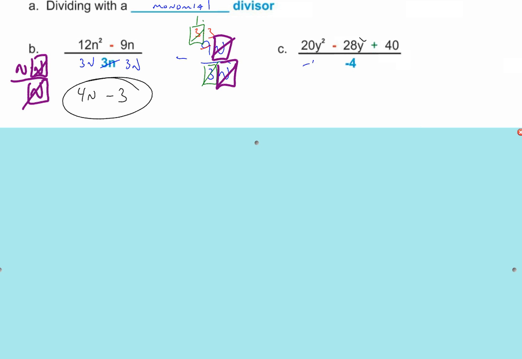Hopefully you'd all started off like this, right? So go ahead and see if you can get this one. You won't mess up the variables on this one because there are no variables on the bottom.